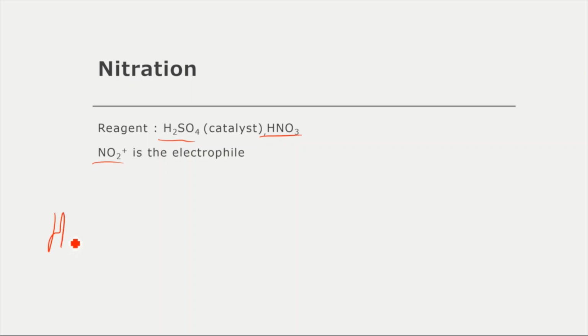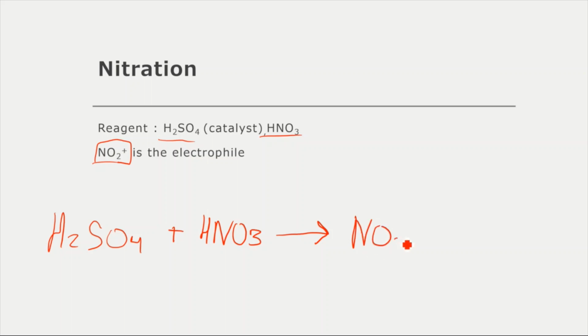So you're starting with H2SO4 and HNO3. I've got these two reactants, if you like, and then we have the arrow. I know that I'm going to be forming NO2+ with that because that's my electrophile. So I will have that NO2+ here, and the next two products that I have, you just need to learn them. It's very difficult to derive them from the equation, so I just know these.